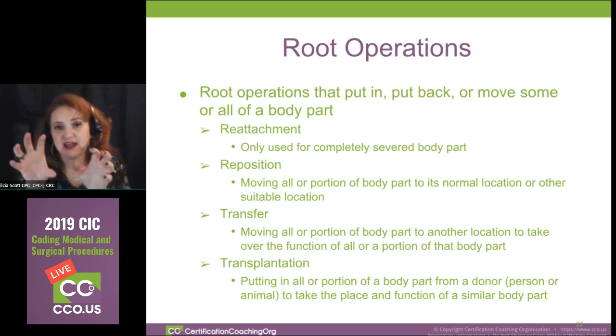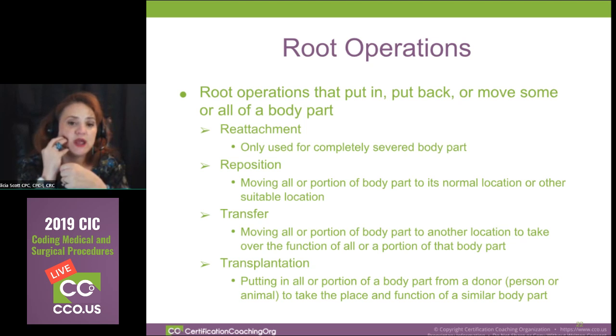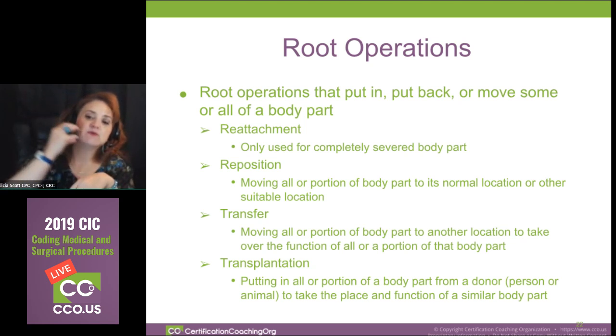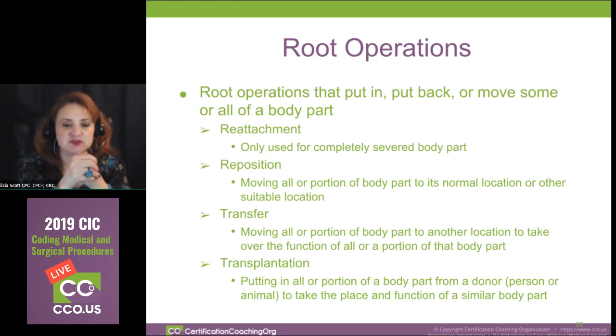I'm going to take a piece of skin from the abdomen and place it on the wound that was created, transferring it to the big hole we created when we did the squamous cell carcinoma removal. So I'm not moving all of the skin, but I'm taking a portion of the skin from the abdomen and relocating it to perform a function as skin for another body part.